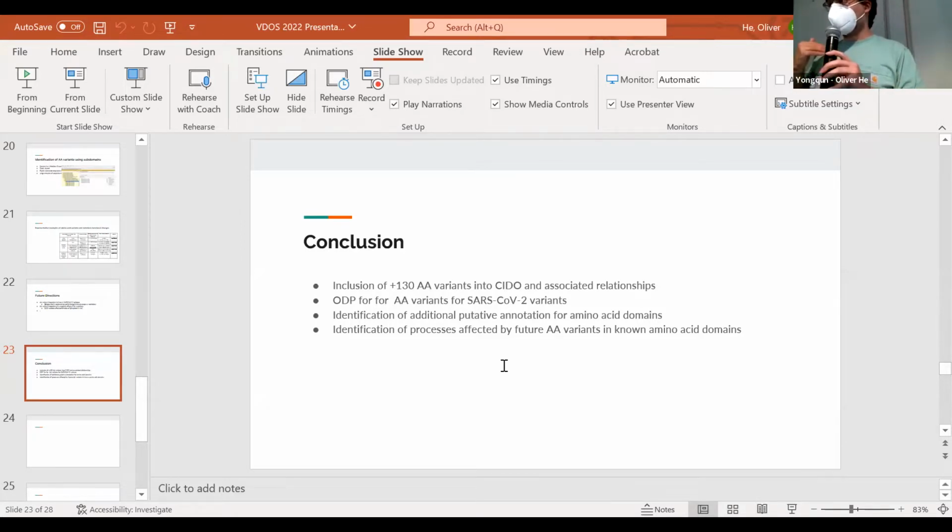So each of the amino acid variants have a specific amino acid position, which we can then use and align to as part of IEDB existing epitopes that we know are already part of existing SARS-CoV-2 vaccines or predicted as part of any future vaccines that use SARS-CoV-2 spike protein as an example.